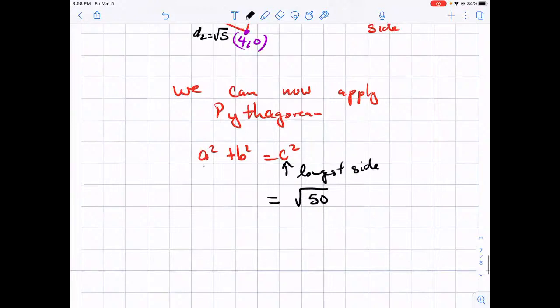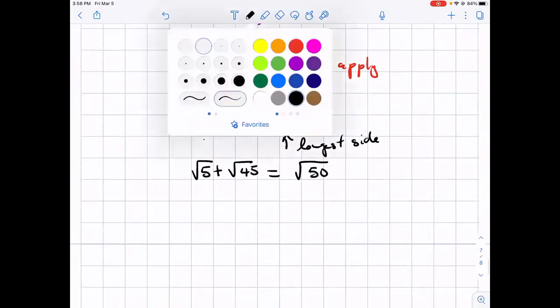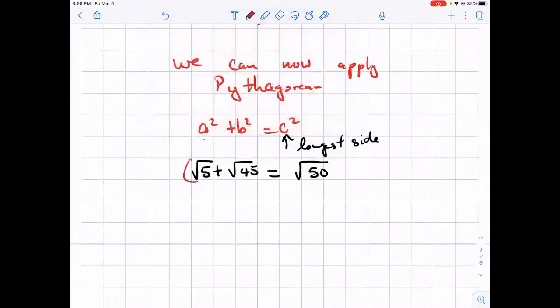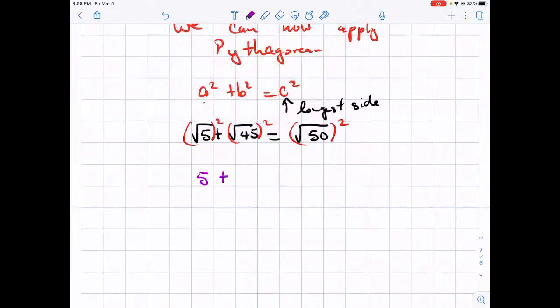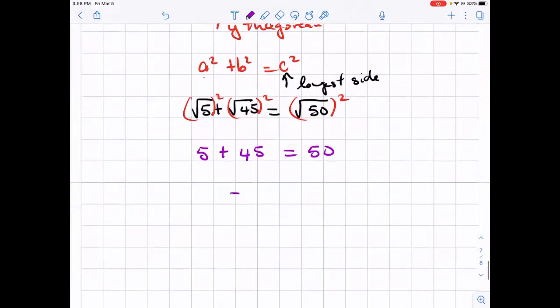And a and b can be any one of the two sides, so the square root of 5 plus the square root of 45. Now remember, we have to square these things. So this becomes 5 plus 45 is equal to 50, and this shows that 50 is equal to 50.